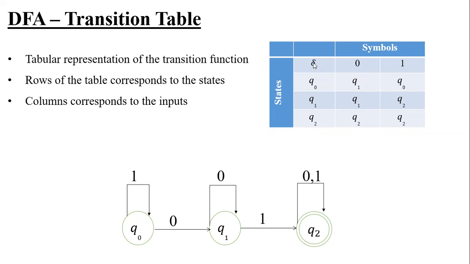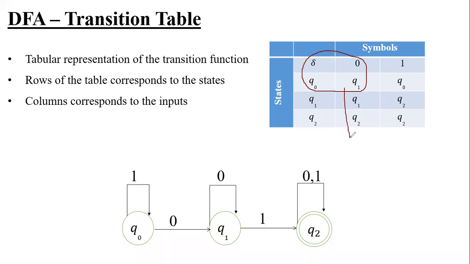So for the transition function from state Q naught, if the input is 0, we will move to the state Q1. This transition function is represented like this.